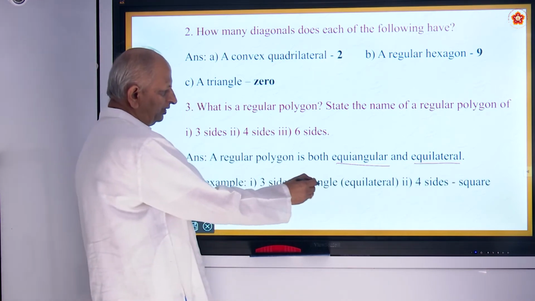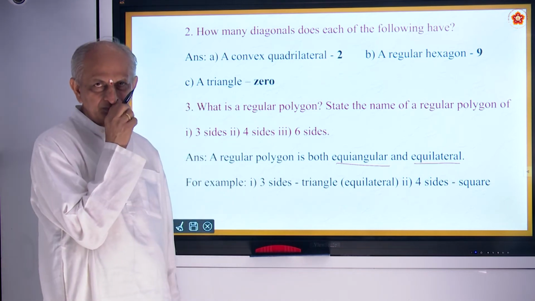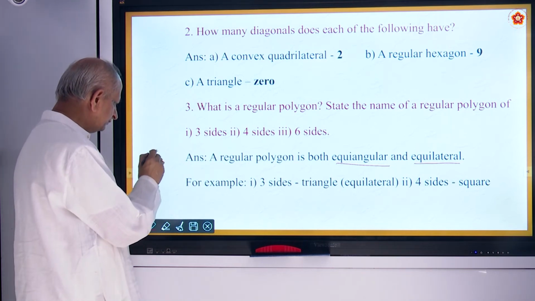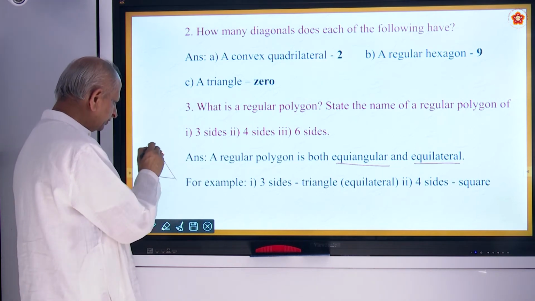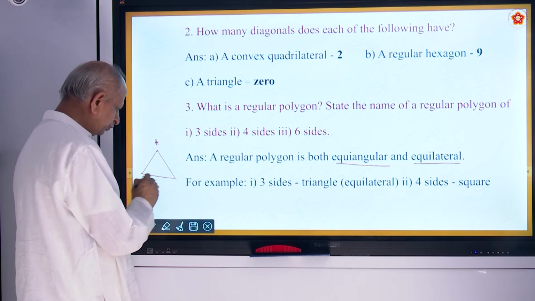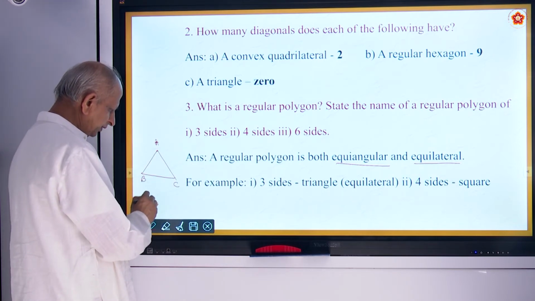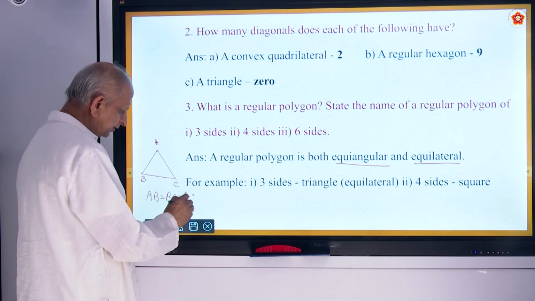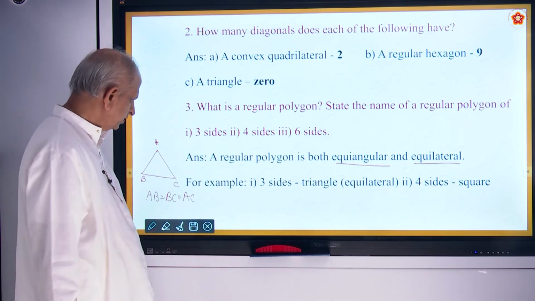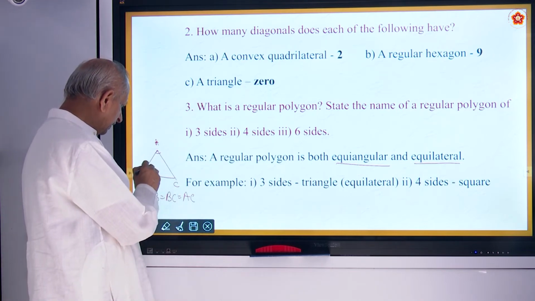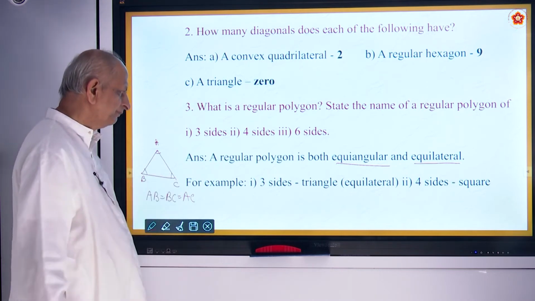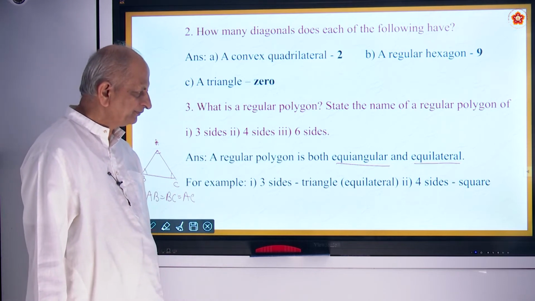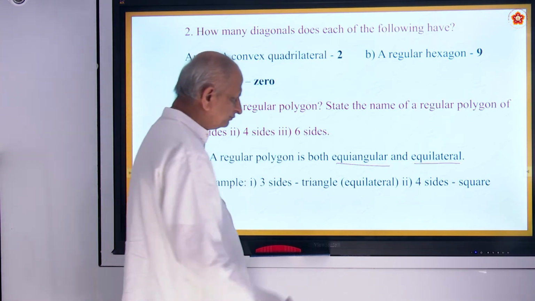With 3 sides, we call it an equilateral triangle. It means all the 3 sides are equal. Suppose you have a triangle ABC. Of course, most of you can pick up easily. Just for those who can't understand, I am writing. Here AB is equal to BC is equal to AC. So 3 sides are equal. When you say sides are equal, angles are also equal. A is equal to B is equal to C. And in case of a square, you will have 4 sides and all the angles are equal.